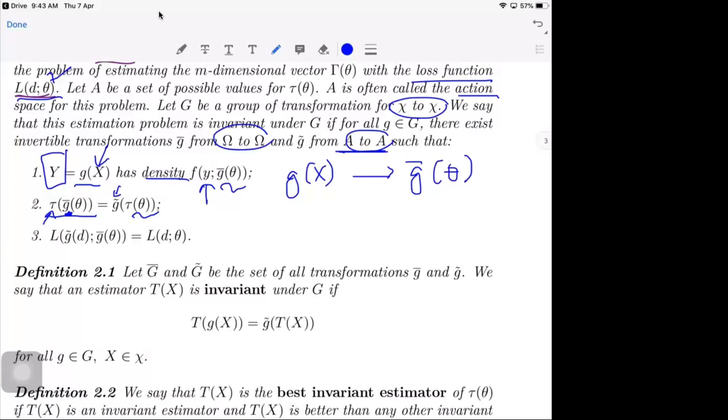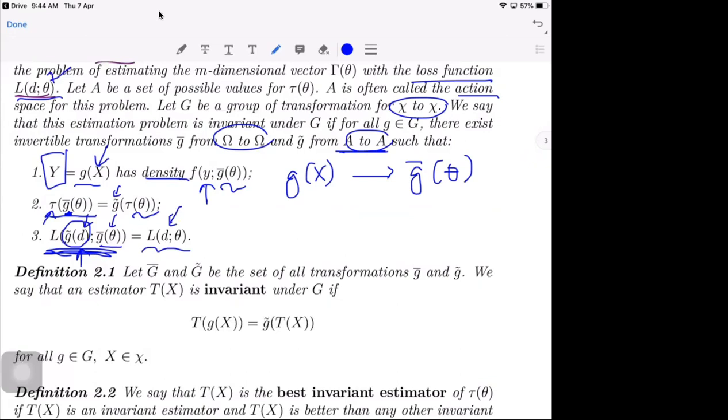Also, it is telling us that the loss function incurred by doing the transformation on the action space on your estimator D, in this transformation on the parameter space, is still the same as the loss function incurred when you study the original estimator D and theta.